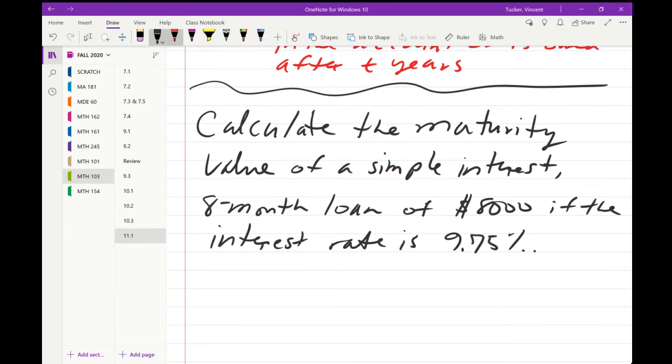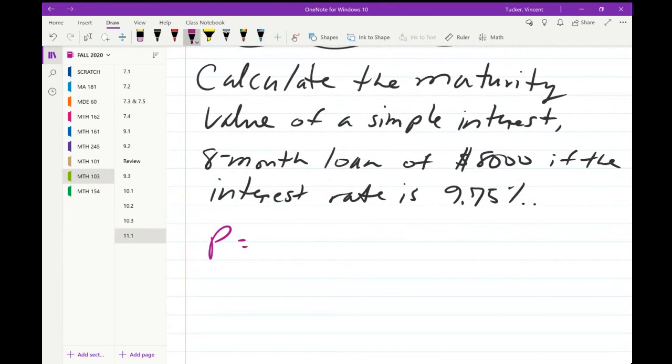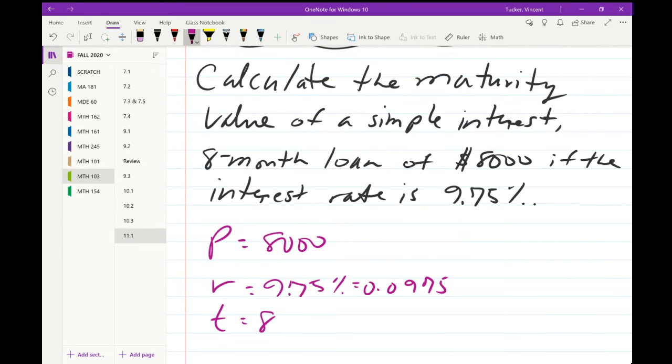So if you want to calculate the interest, then what we'll do, as always, is establish what P, R, and T will be. P is 8,000, R is 9.75%, 0.0975. T is 8 months.